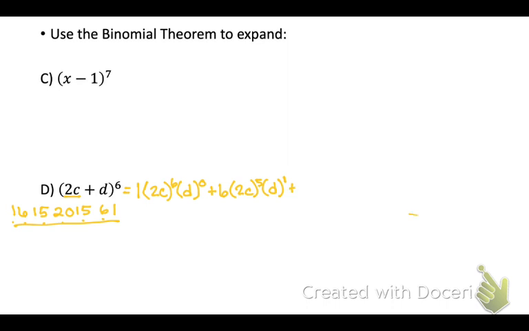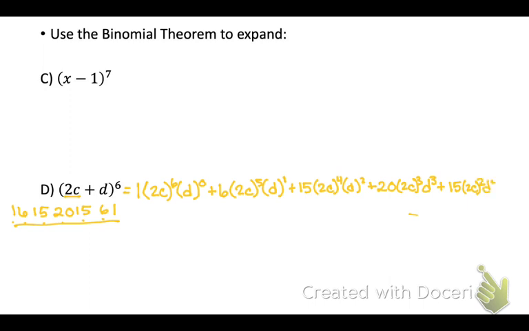Plus, next coefficient, 15, 2C to the, and D to the, plus 20, 2C to the 3rd, and D to the 3rd, plus 15, 2C to the 2nd, and D to the 4th.